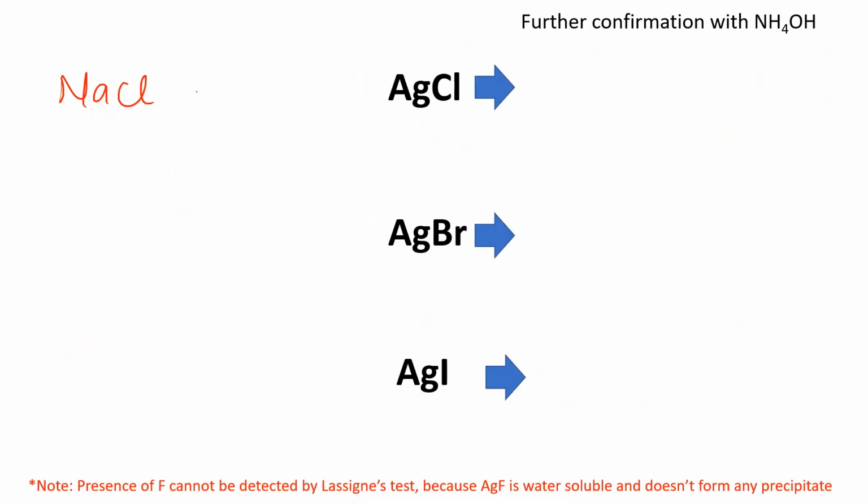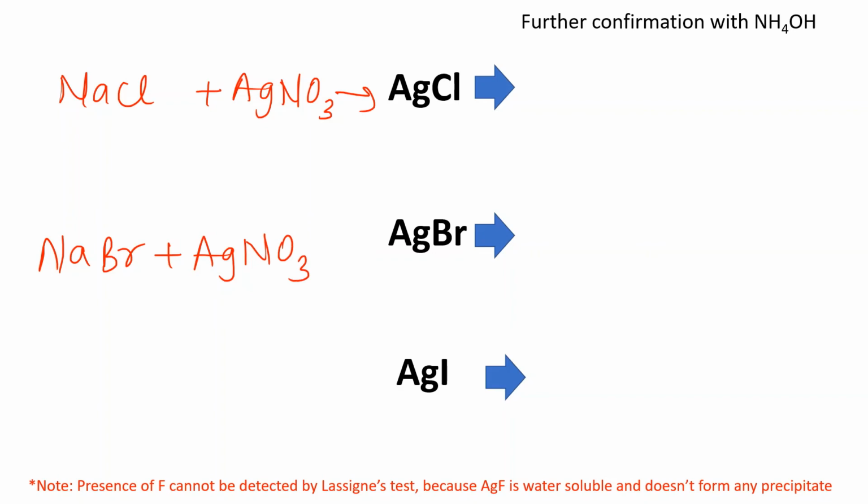If the sodium fusion extract has NaCl in it, it will react with silver nitrate to form AgCl. If NaBr is present, it will react with silver nitrate to form AgBr, and if sodium iodide is present, it will react with silver nitrate to form silver iodide.